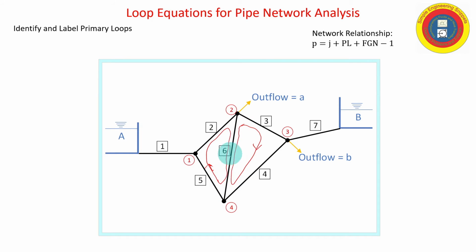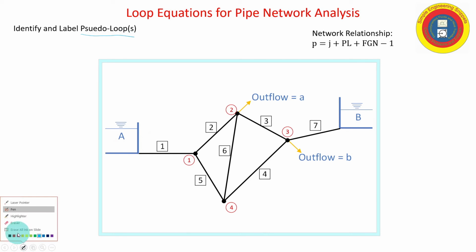So I'm going to be applying conservation of energy around the primary loops. I'm going to be applying continuity to the 4 junctions. So that gives me 6 equations. I have 7 unknowns. And so now I need to identify my pseudo loop, define it. And I'm going from fixed grade node alpha to fixed grade node Bravo. And it doesn't really matter which path I go. It should not contain any circuits.